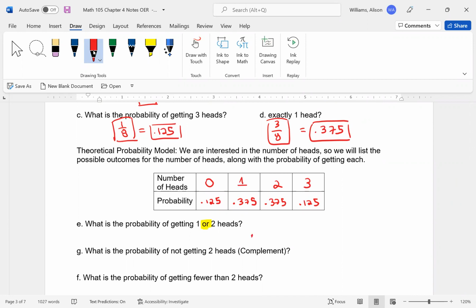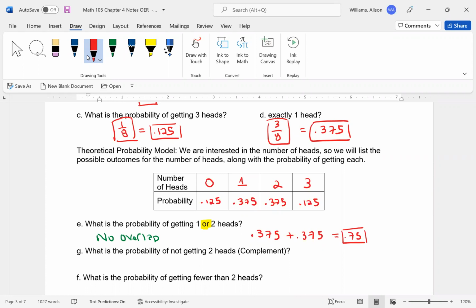When I look at that, you might get 1 head or 2 heads, I hope you notice they have no overlap. And that matters because I don't have to worry about subtracting that overlap out. I can just add up the probability of getting 1 head and the probability of getting 2 heads, which comes out to 0.75, or 3/4 if you're doing fractions.